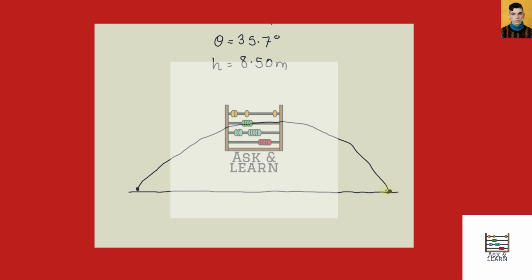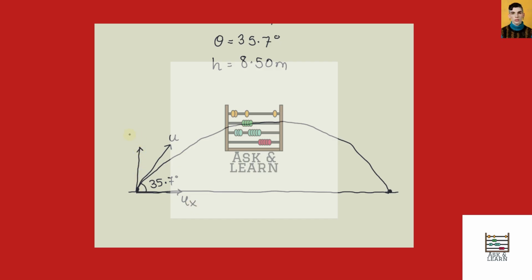It is hit at an angle of 35.7 degrees, and it has an initial velocity u. It will have components of velocity: this is ux and this is uy.